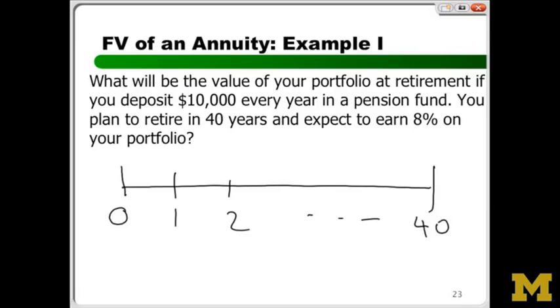What we will do to make our life simple is we'll assume that the first $10,000 is at the end of the year. Why did I do that? I could always start saving at this point, but I'm doing it simply so that I can use the formula and directly use the calculator. We can change that, so don't worry. You can start a payment today and change it.